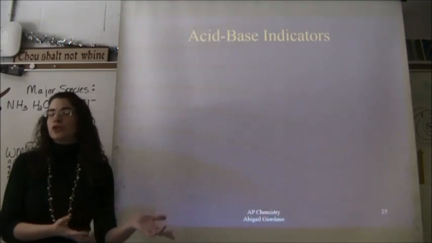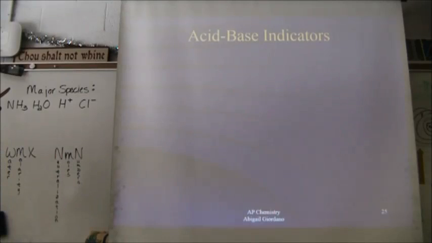You do a titration to figure that out. And the place that you're always trying to get to is the equivalence point. When you do a titration, your goal is to titrate, to add acid or base, whatever you're doing, until you get to the equivalence point.